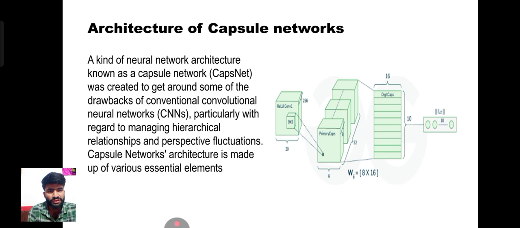A capsule network, CapsNet, was created to get around some of the drawbacks of convolutional neural networks, particularly with regard to managing hierarchical relationships and perspective fluctuations. The capsule network architecture is made up of various essential elements. You can see in the image.